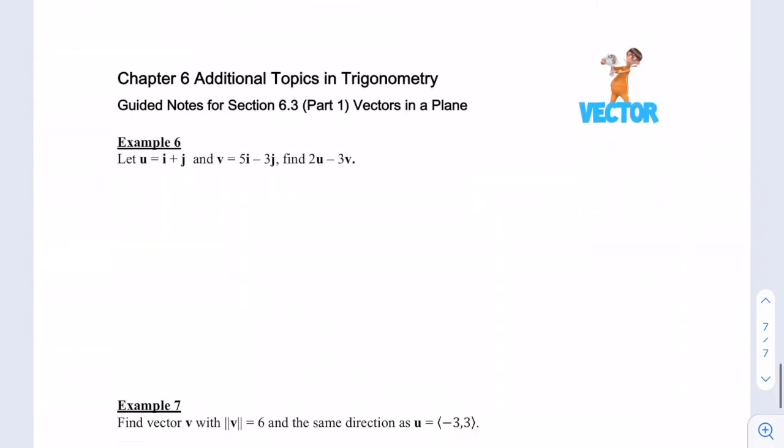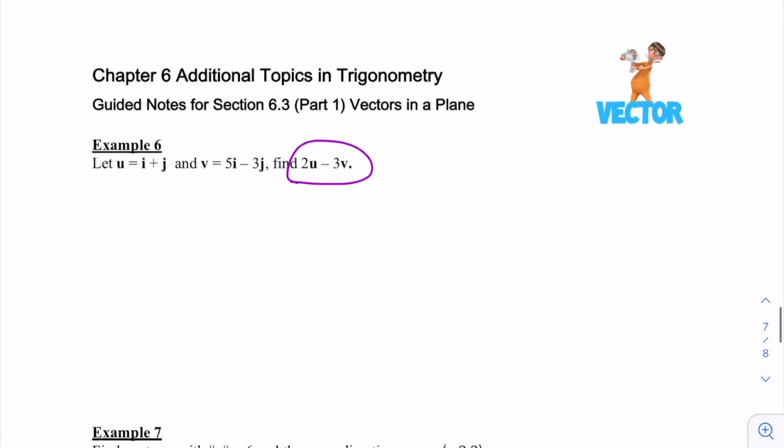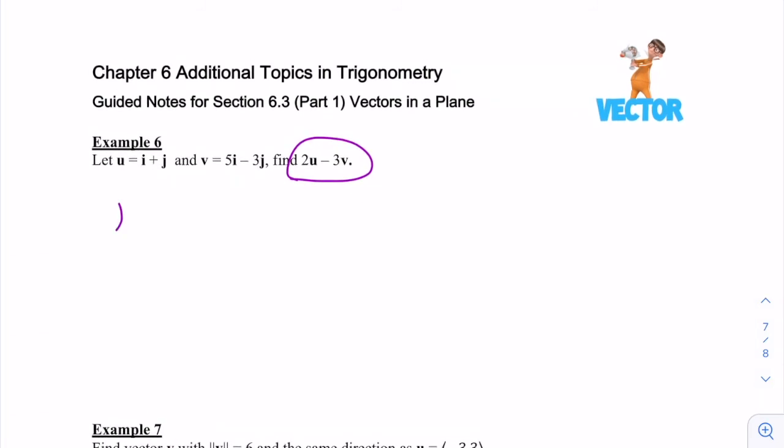Okay, all right, so let's look at the next problem. Here we're given two vectors, u and v, written as linear combinations, and we're going to find 2u minus 3v. So this is actually very algebraic in a way. It's already in linear combination, and that's what we're going to write our final answer in. So I'll keep this in the same form. It'll be 2 times (i plus j). That's our vector u.